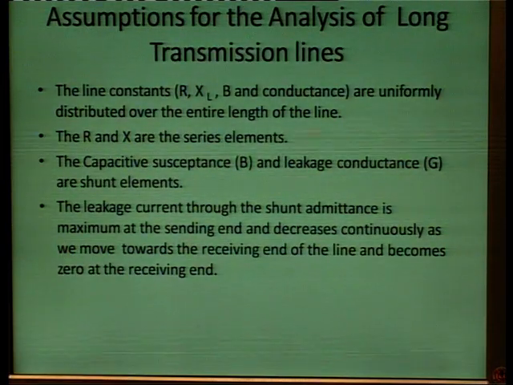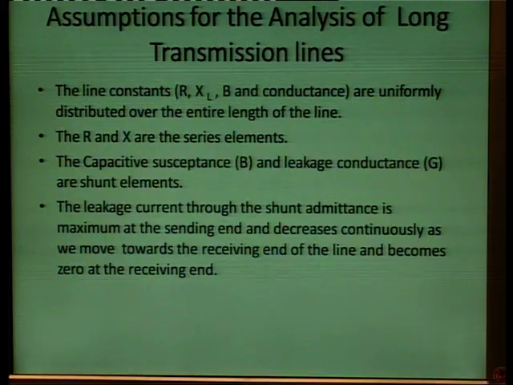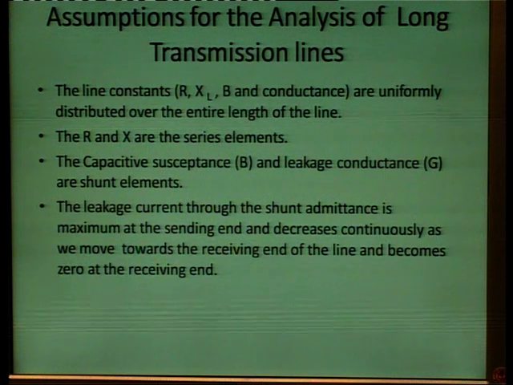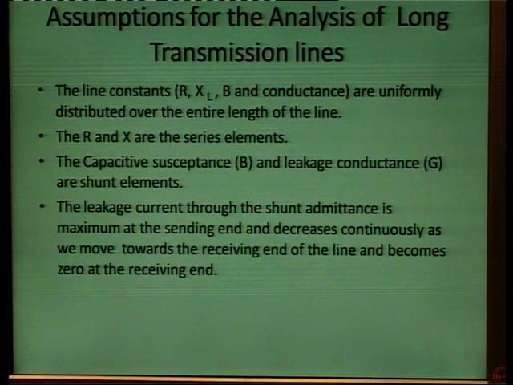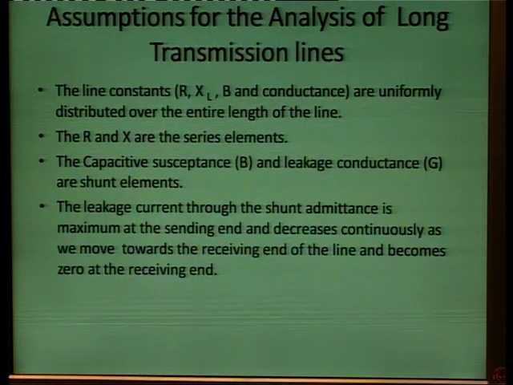Now, for the analysis of a long transmission line, we have to make some assumptions. The first point to keep in mind is that the line constants, that is resistance, inductive reactance, the capacitive susceptance B, and the conductance part, are uniformly distributed over the entire length of the line. R and X are considered series elements and will be represented as the series branch of the model.